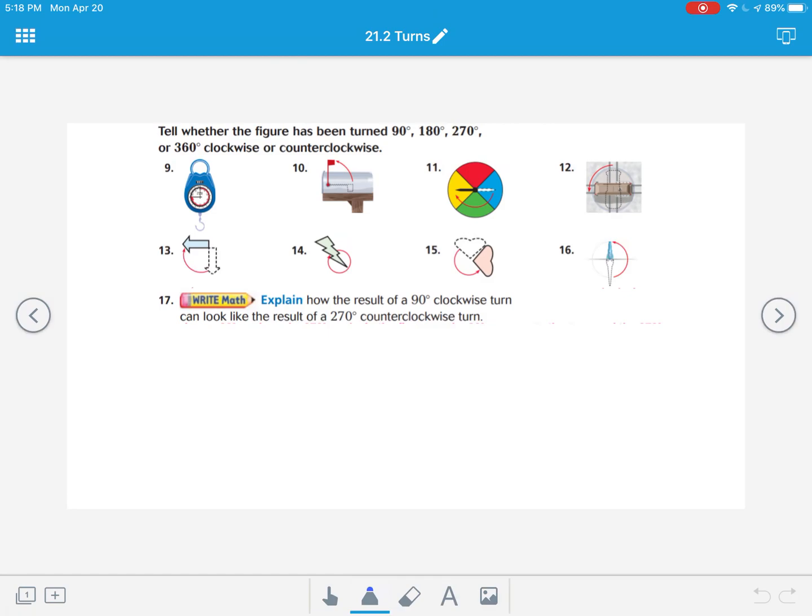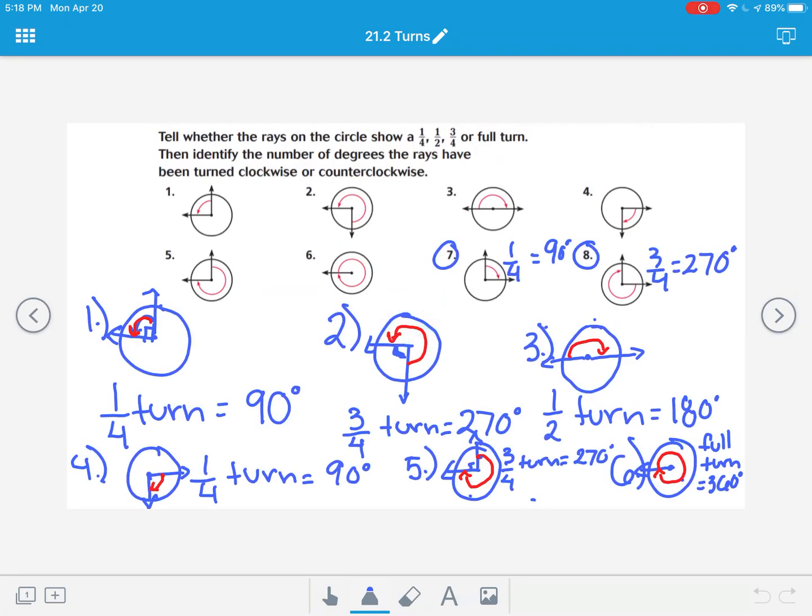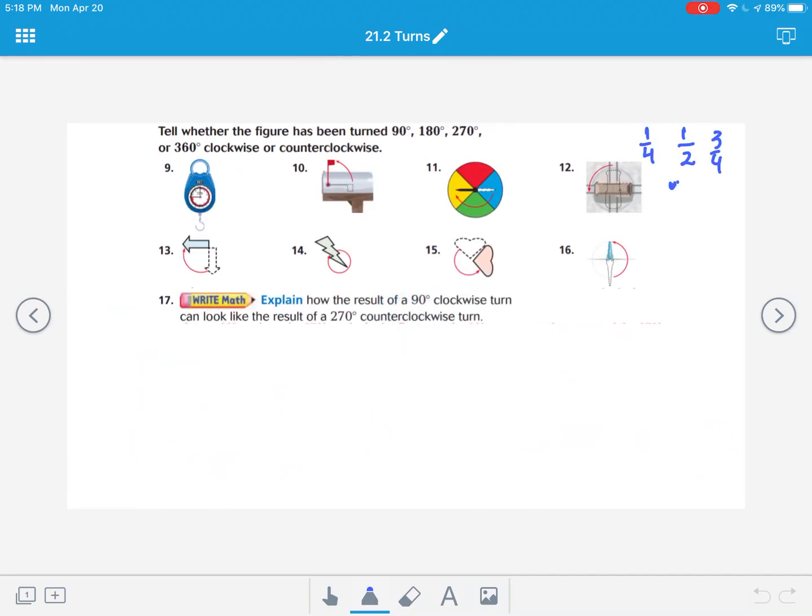So remember, we want to think of this in, has it turned a quarter of the way around the circle, halfway around, 3/4 of the way around, or all the way around? So that would be, how did they phrase it on the other page? A full turn, or did it turn a full turn? So keep that in mind. That's what it's asking. And then it wants to know this piece, clockwise or counterclockwise.